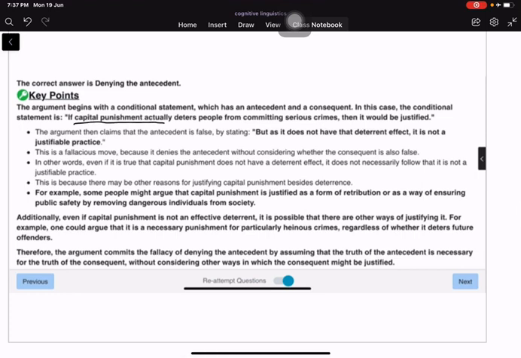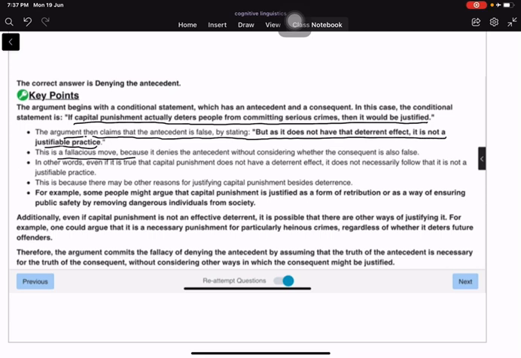If capital punishment actually deters people from committing serious crimes, then it would be justified. The argument then claims that the antecedent is false by stating, but as it does not have the deterrent effect, it is not a justifiable practice.